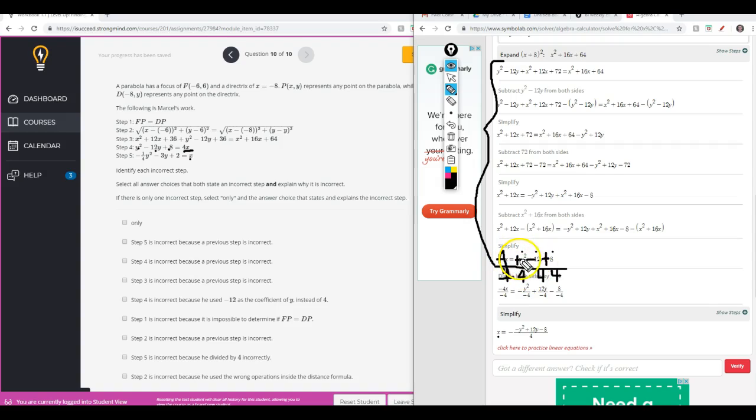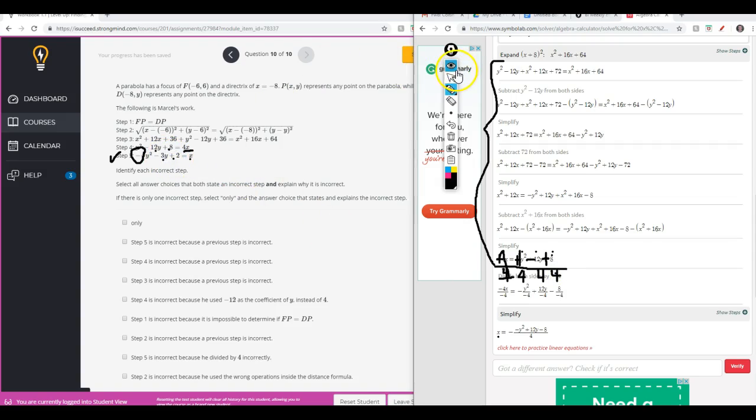And then this y squared has an implied 1 right there, so then this will be 1/4. And again, remember, it'll be a positive 1/4. I'm noticing that this one's a negative 1/4, so that is a mistake. And then this is a negative 12 divided by 4, which would be a negative 3, which is correct. And then they have a positive 8 divided by 4, which is a positive 2.